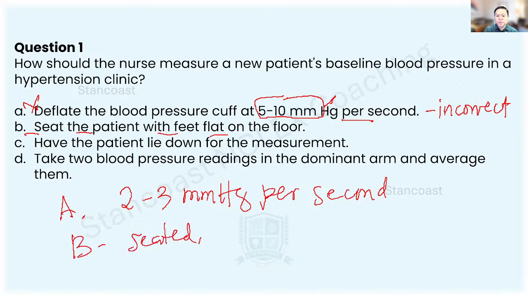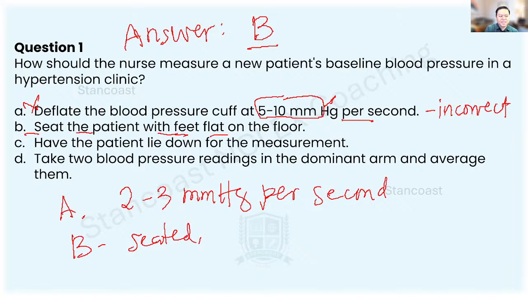And make sure that their feet are planted on the floor, flat, to ensure proper circulation and stable position, okay? So make sure you do this. This is a correct answer. Letter B. You make sure that the patient is sitting with the feet flat on the floor.